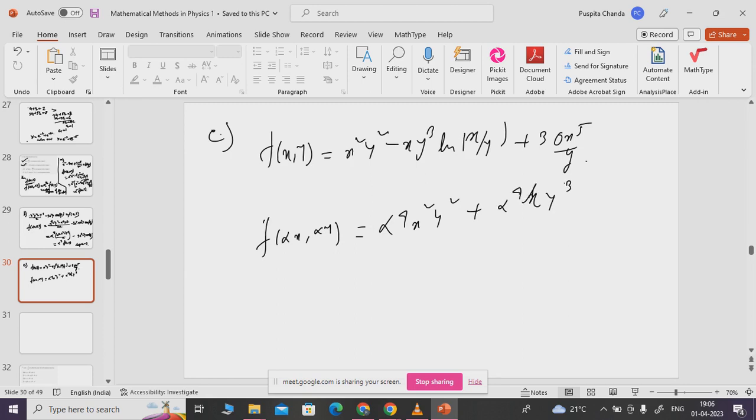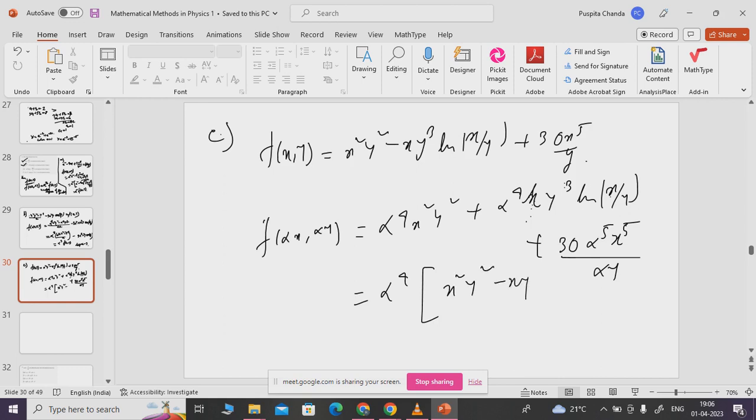Now we need to compute f of alpha x, alpha y, so it will be alpha to the power 4 x square y square plus alpha to the power 4 x y cube, and ln x by y, because alpha x by alpha y will cancel out, plus 30 alpha to the power 5 x to the power 5 by alpha y.